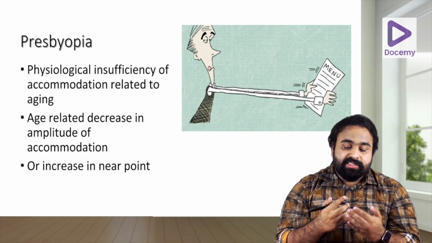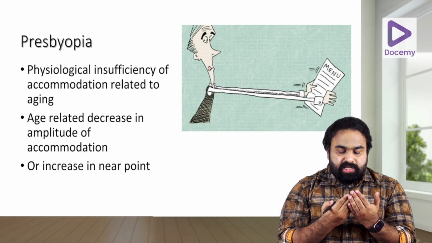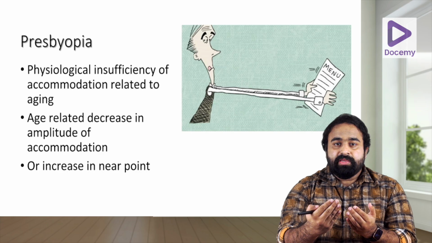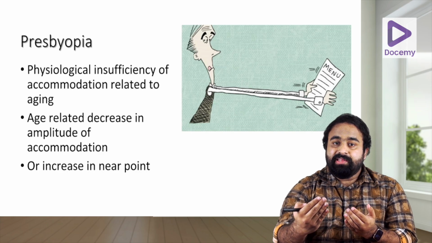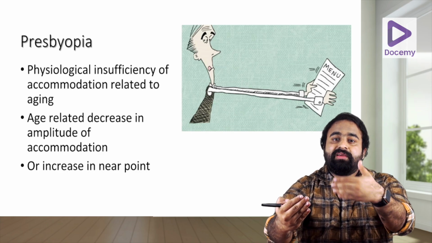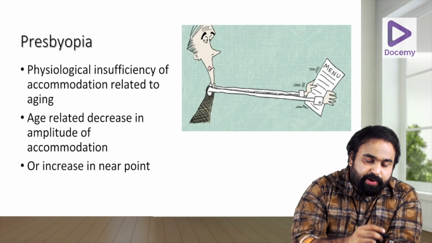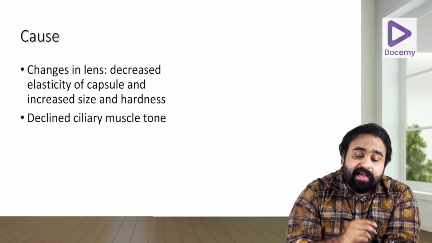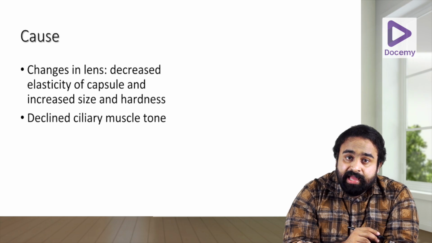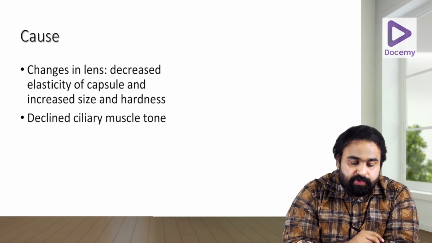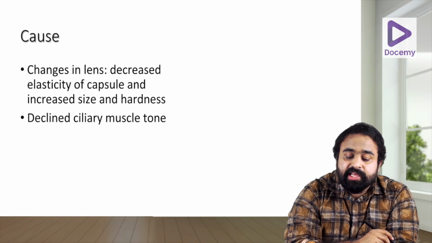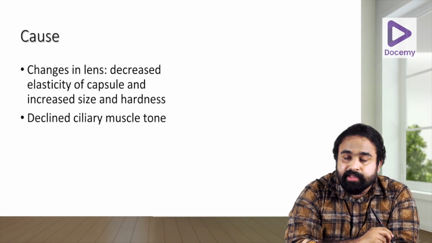So you will see patients coming at 40 or 45 years saying, I used to read like this, now the book should be kept farther, and the near point recedes more. That is called presbyopia. The main cause is changes in the lens: decreased elasticity of the capsule, increased size and hardness of the lens, and declined ciliary muscle tone.